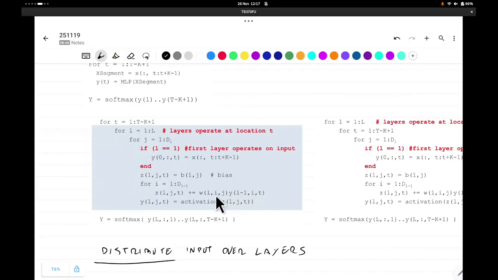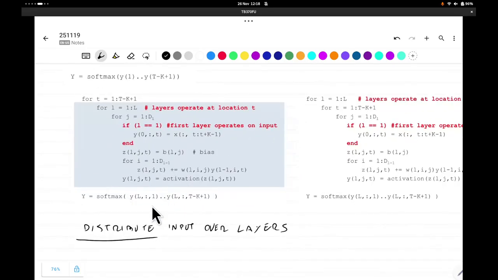So the input of the previous layer multiplied by the weights gives these z's, a kind of universal name for the variable after the affine transformation, and then the y's are the activation of the z's. This is what happens in any multilayer perceptron, and then you do the softmax.